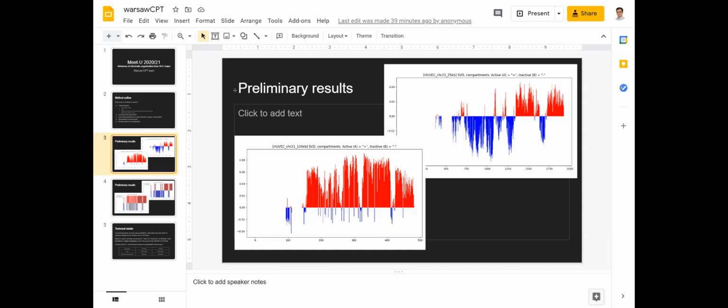But some of the chromosomes are more interesting because there were some differences between the resolutions.